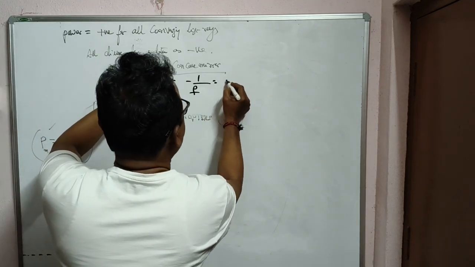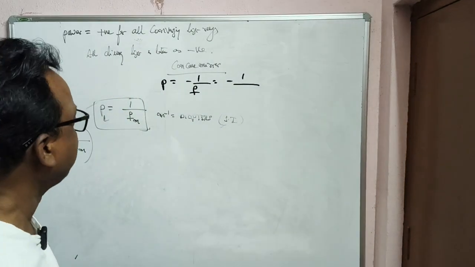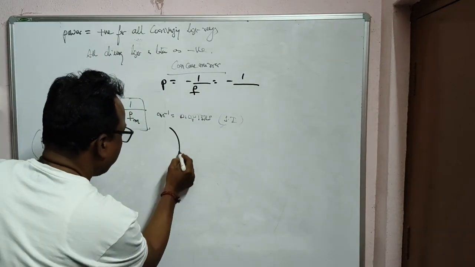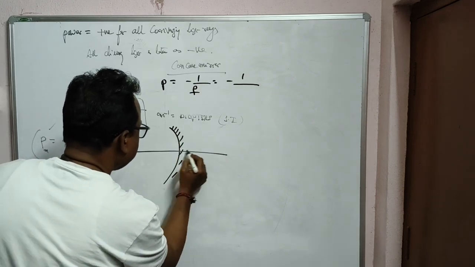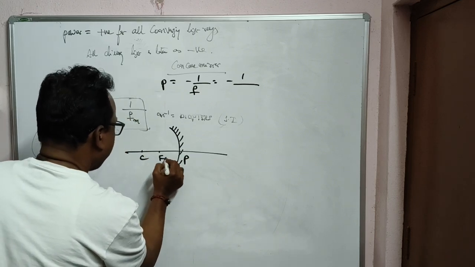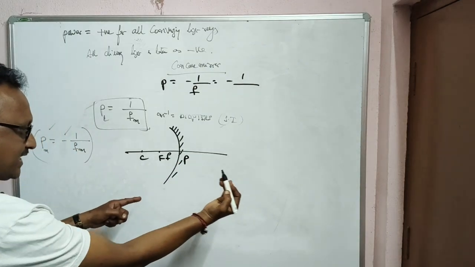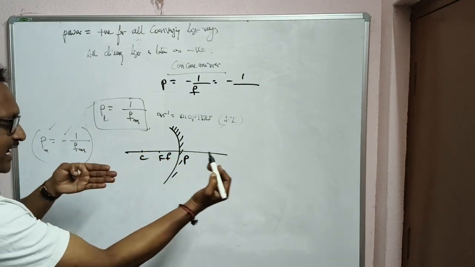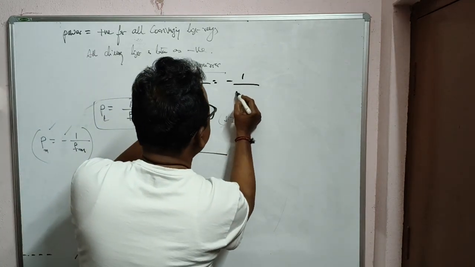So that is equal to minus 1 by f. For a concave mirror, this is the pole, this is the center, and this is the focus. You can see here the focal length is against the incident light. That means negative here. So for a concave mirror, focal length is negative.